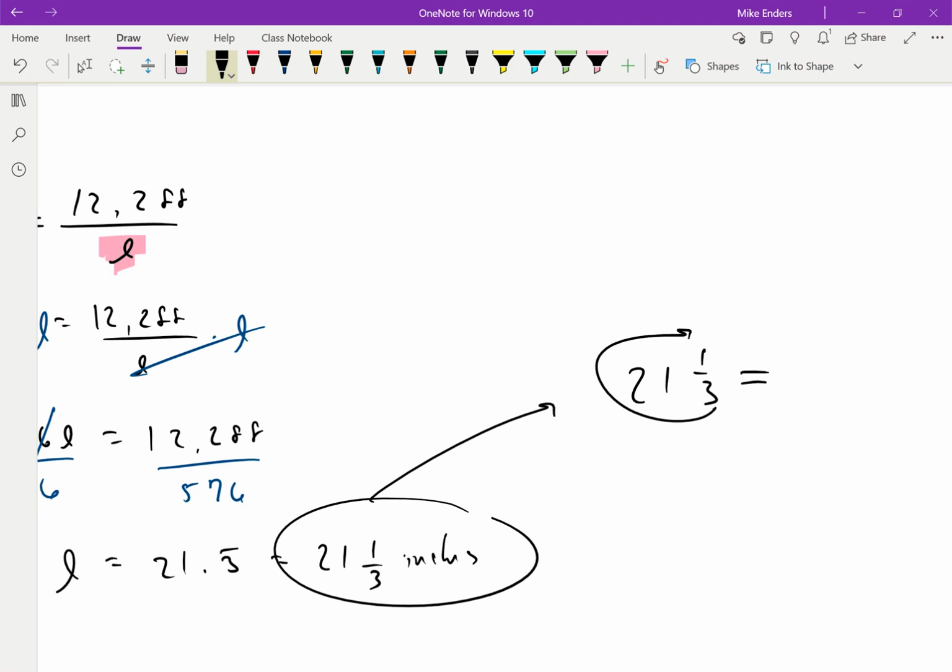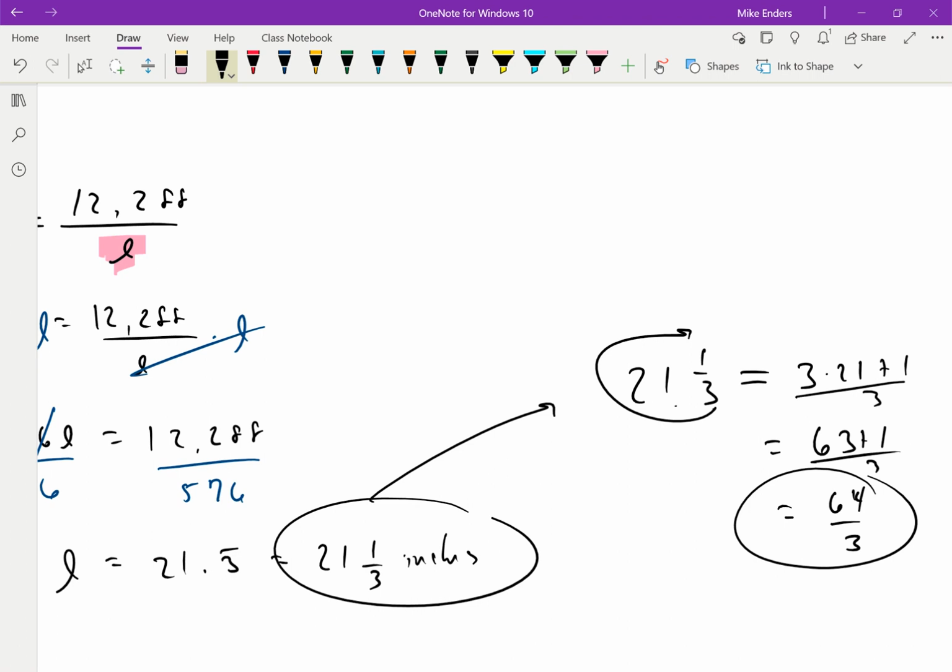Sometimes we call this the C method. I got 3 items in a whole, multiplied by 21 wholes, so that's 3 times 21, plus I got 1 part overall. So that would be 63 plus 1, which is 64 thirds. I still put this over 3 overall. So 21 and 1/3 is the same as 64 thirds.